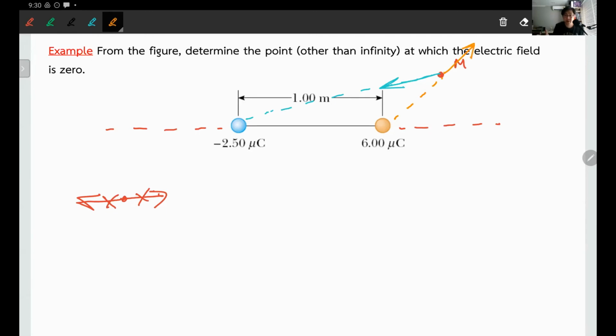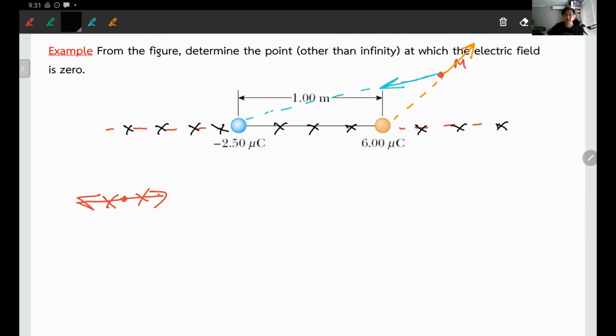However, they are not going to line up, because these two vectors will make some angle no matter where you pick a point that is not on the line connecting the two. So the first conclusion is that if I want to guess the position of zero field, it must be on this line connecting the two charges.